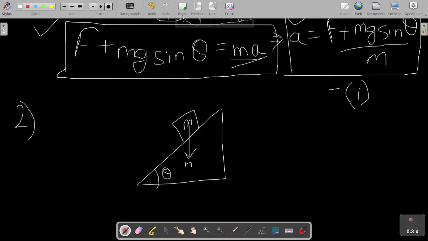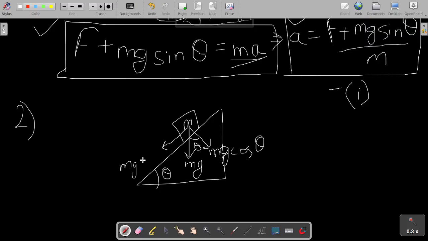This one is mg, and this one is mg cos theta. The angle between mg and mg cos theta is theta. Vectorially we know that the theta part is the cos theta, right? The base component, and this is a perpendicular component. There's a slight mistake. This should be exactly parallel to your slope, or the inclined plane.